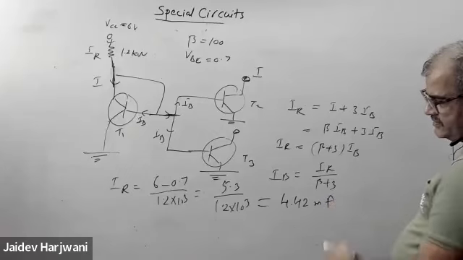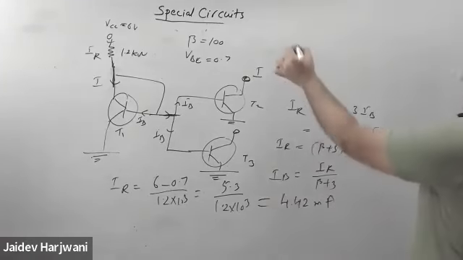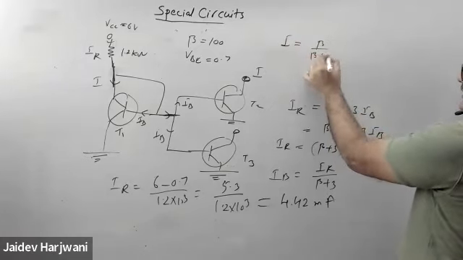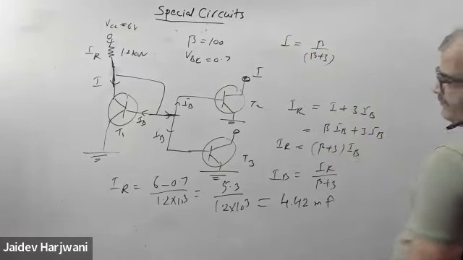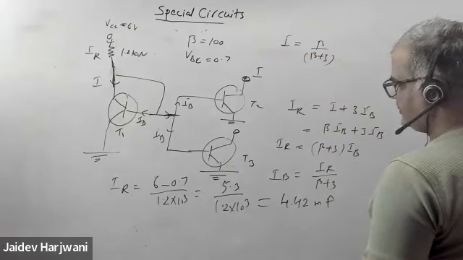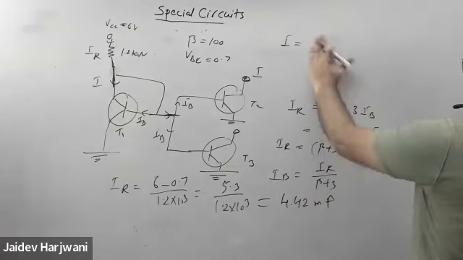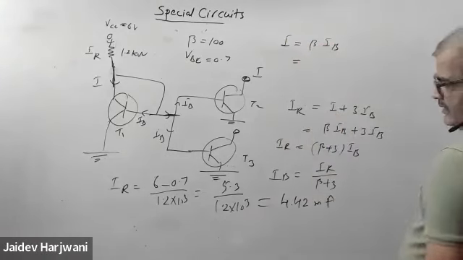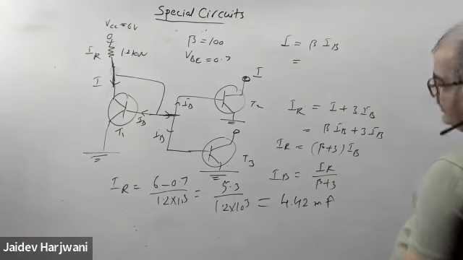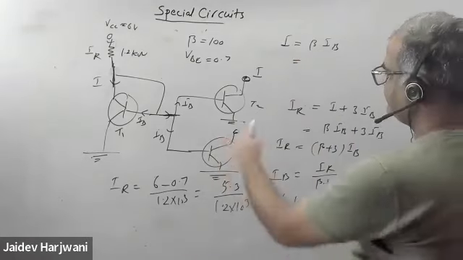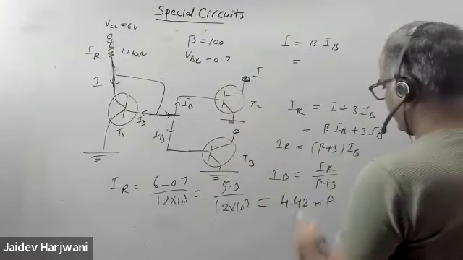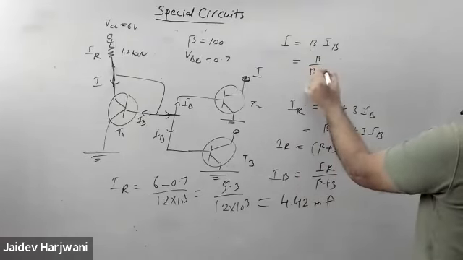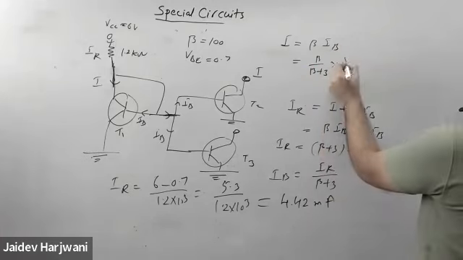Once you know this IR, you can find I, which is beta upon beta plus 3 into IR, because I is simply beta IB and IB is IR upon beta plus 3.